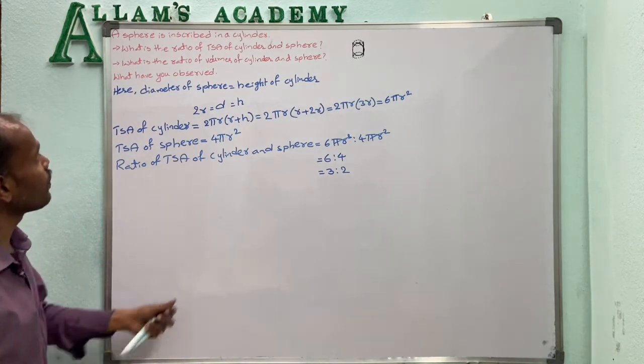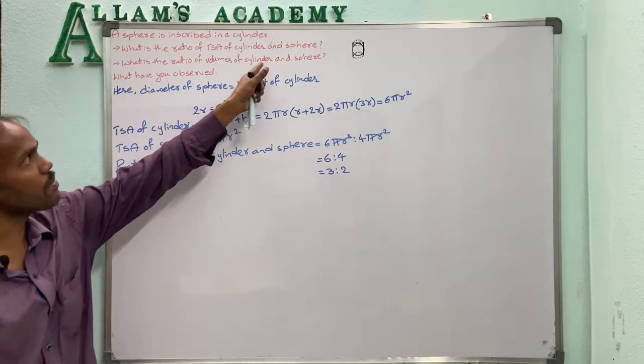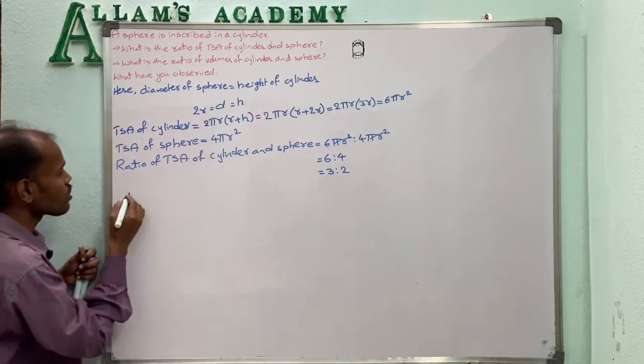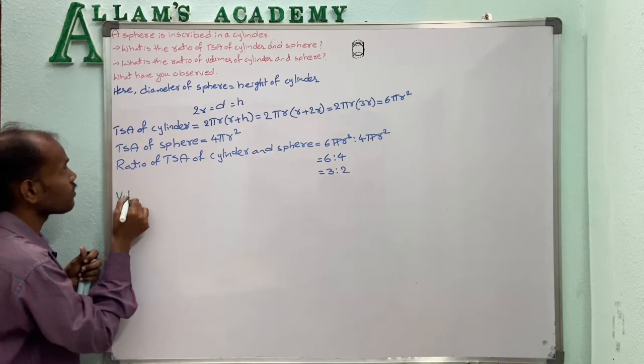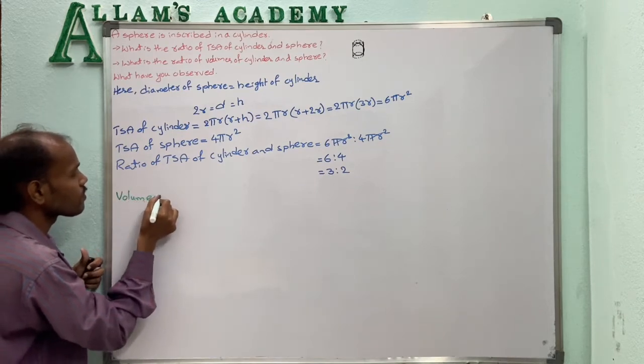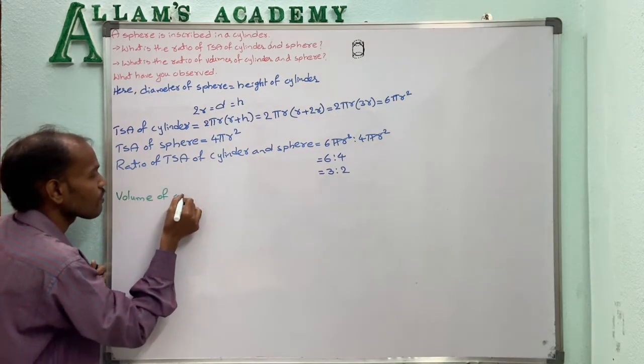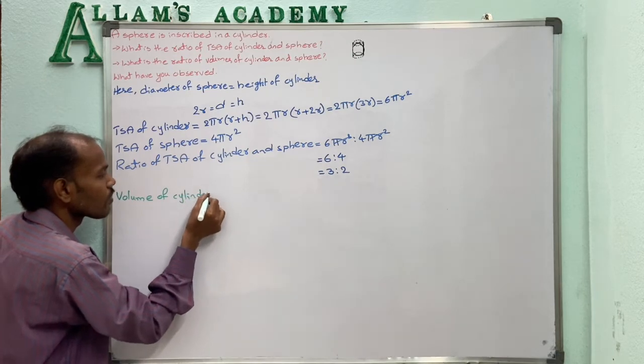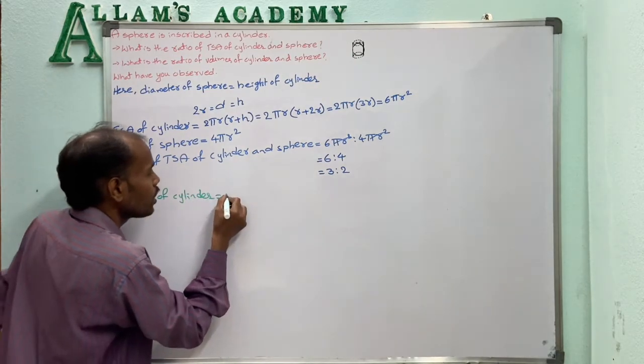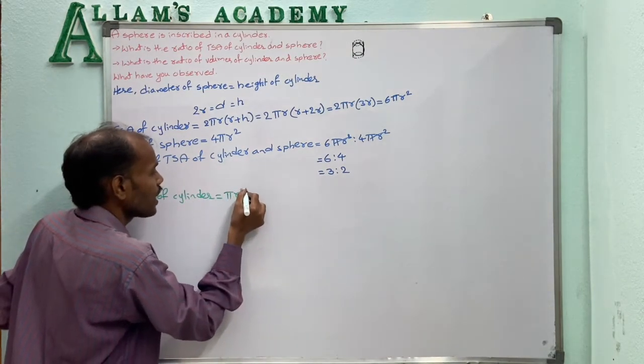Now, finding the ratio of volumes of the cylinder and sphere. The volume of the cylinder equals pi r square h.